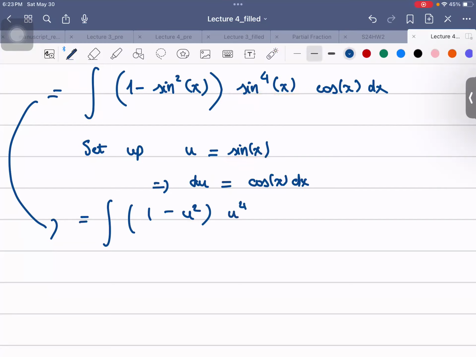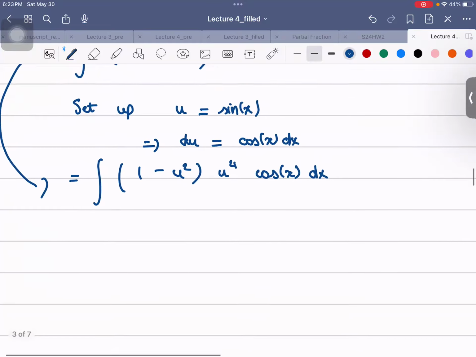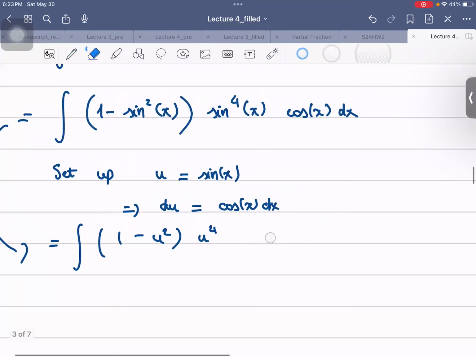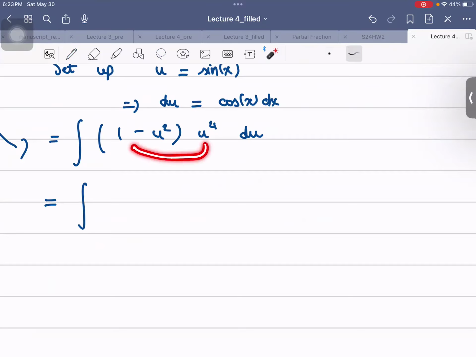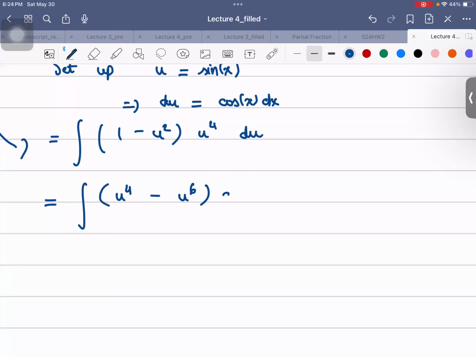Then cosine of x dx, which is du. So I have du. And this one is much easier to integrate. You distribute u to the power of 4 into the parentheses. You have u to the power of 4 minus u to the power of 6 du. Then you can use the power rule to finish.